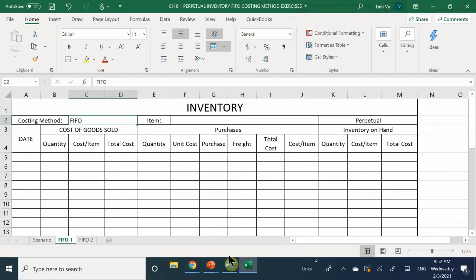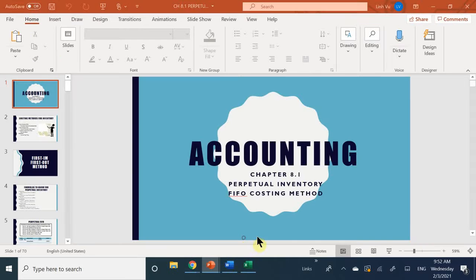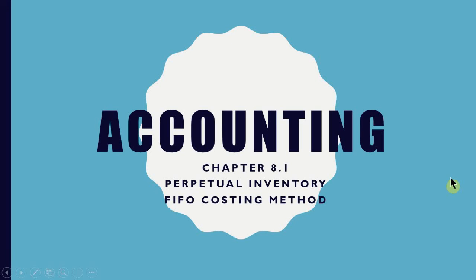Okay? So now we can go ahead and go back to our PowerPoint, and let's dive right in. So as we know from periodic inventory, we understand how the worksheet works. The only difference here, when we're understanding how we do the perpetual inventory, is that now we also have to consider the cost of goods sold.